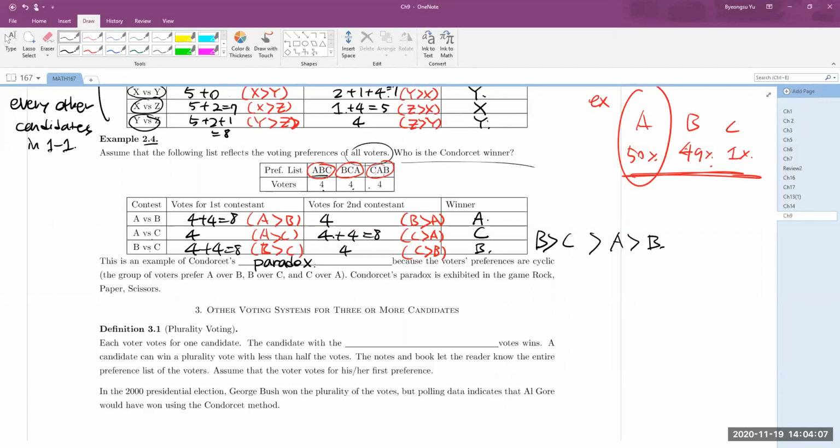And for someone who prefers paper, they definitely also prefer scissors, because scissors beats paper. So it is kind of a circular thing, right? So in that case, we say that it is the Condorcet paradox, and we cannot decide the winner. Right? Okay. Do you have any questions?